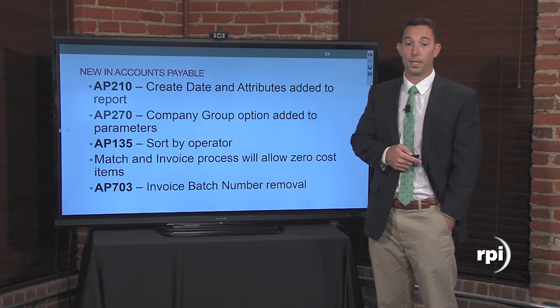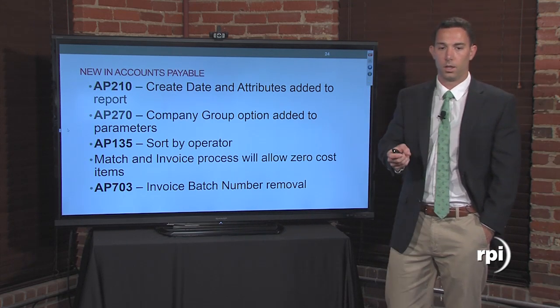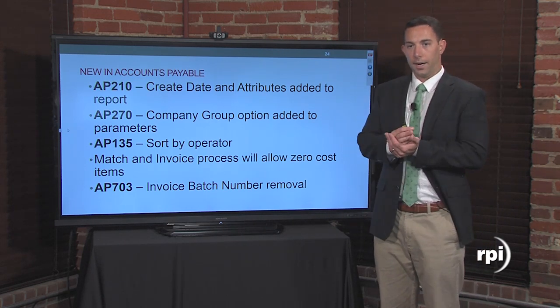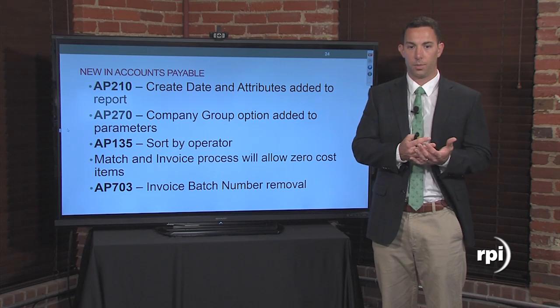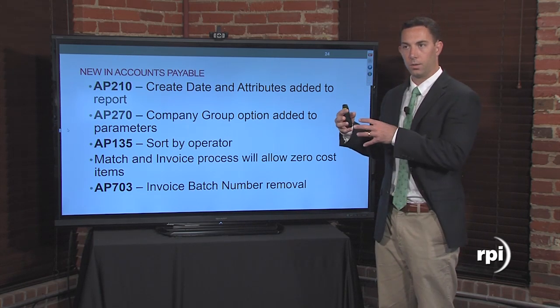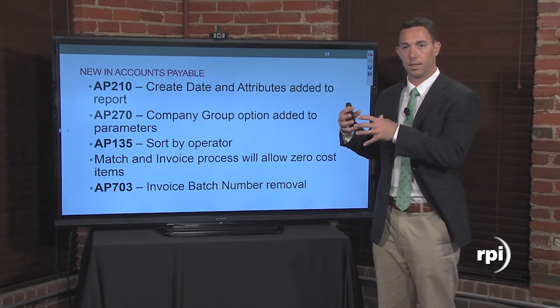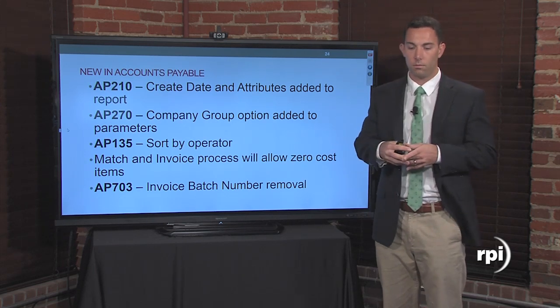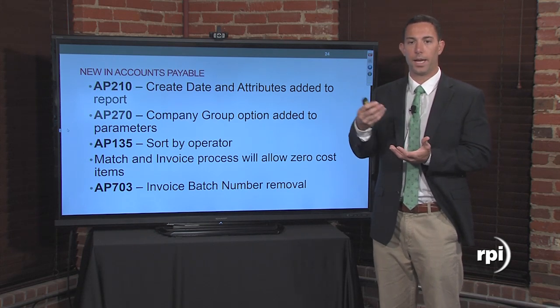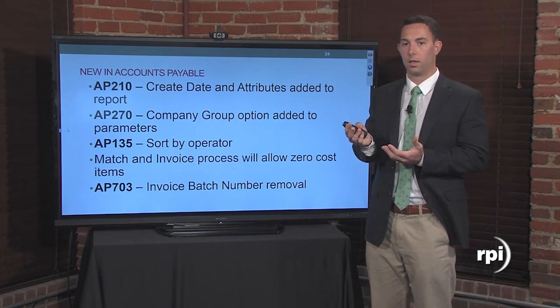AP 703, this is a brand new form. It's actually an update program. So the scenario here is you have an AP company that processes invoices within batches, and you wanted to switch that to remove batches and process via an authority code. As you may or may not know, you can't make that change if you have unreleased invoices out there.